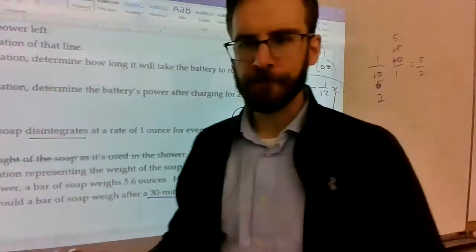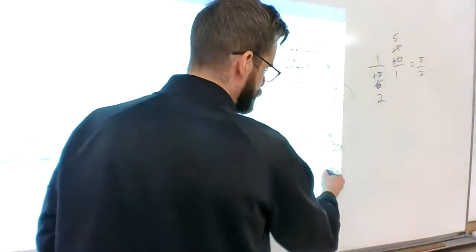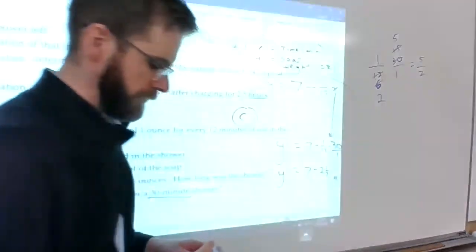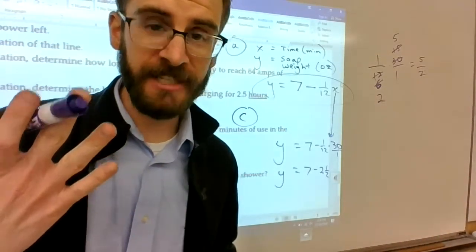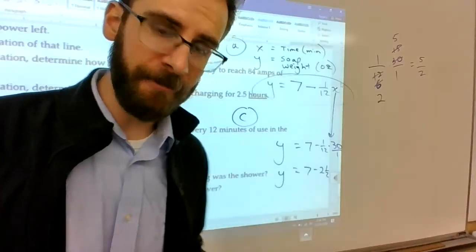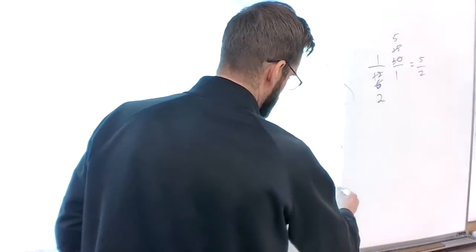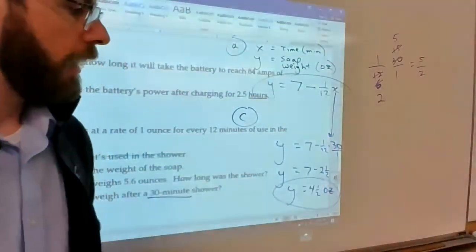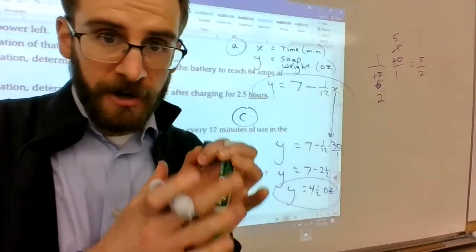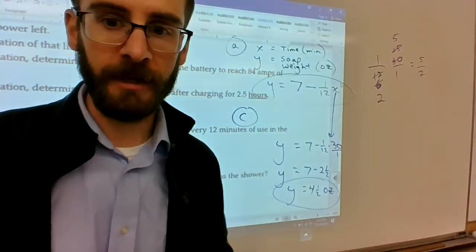What's 5 over 2? 2.5, right? It's 7 minus 2.5. So when you think about it, take 7 minus 2. You get 5. Take away half. You're at 4.5. And y is equal to ounces. So after a 30-minute shower, if that bar is disintegrating at the rate that we defined it to be, it's going to be 4.5 ounces.